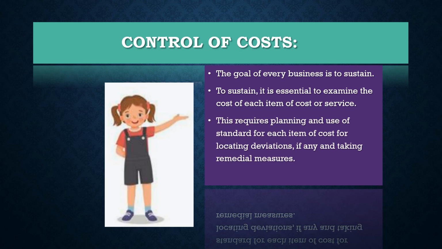This requires planning and use of standards for each item of cost, for locating deviations and, if any, taking remedial measures. So if there are any defects or errors, remedial measures are to be taken in order to sustain the business in the market.